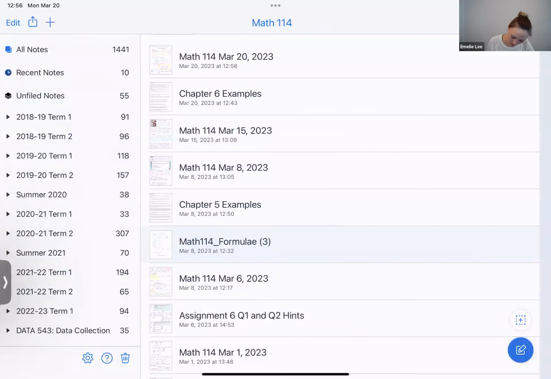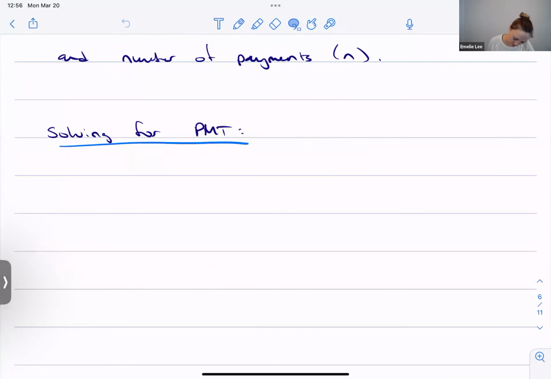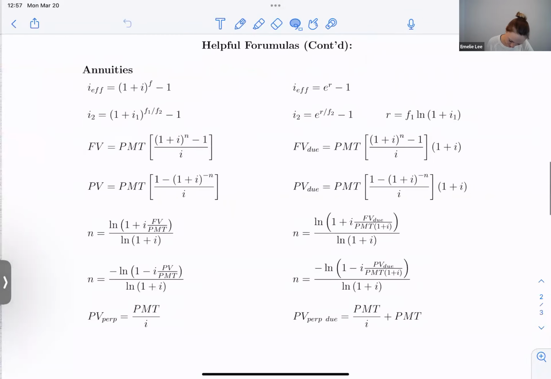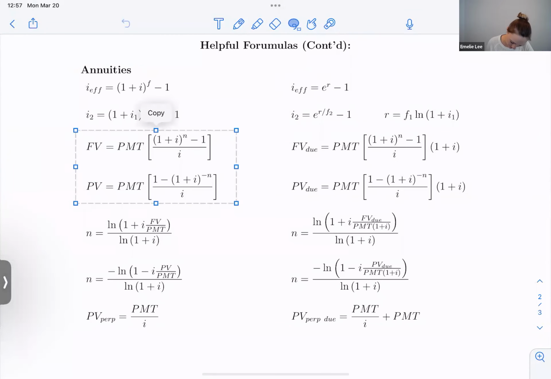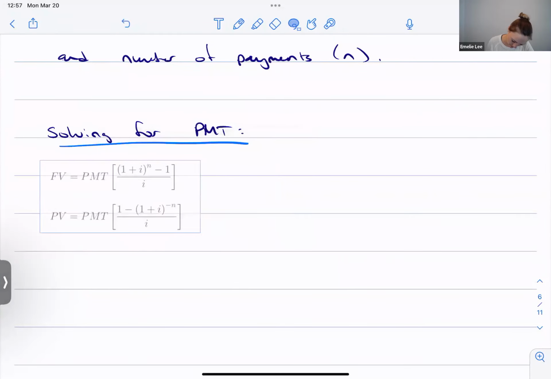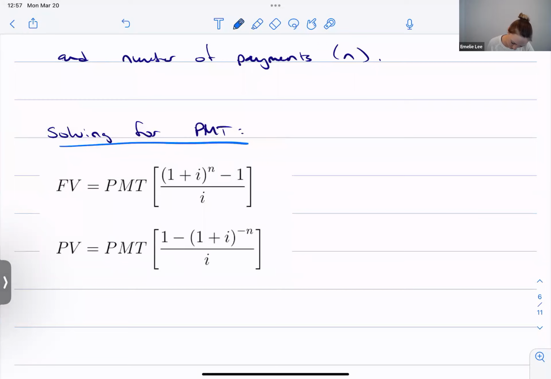And so solving for the payment amount here.